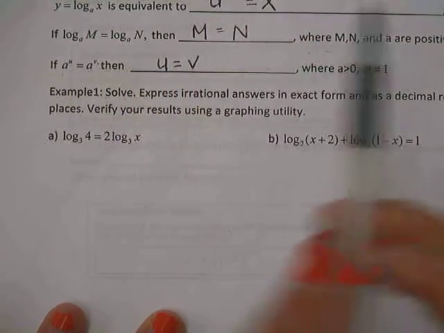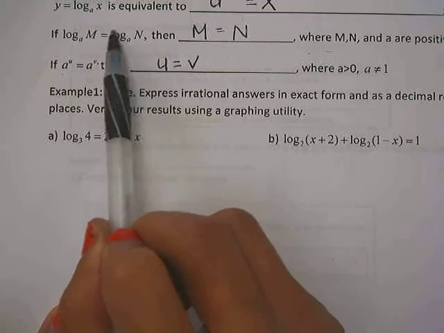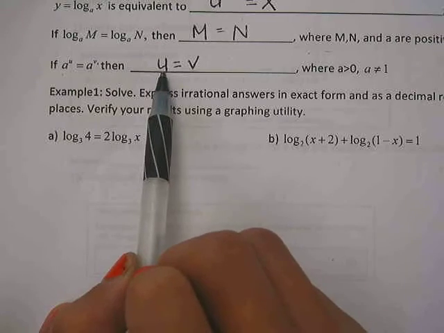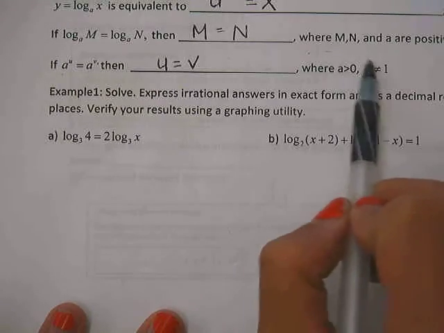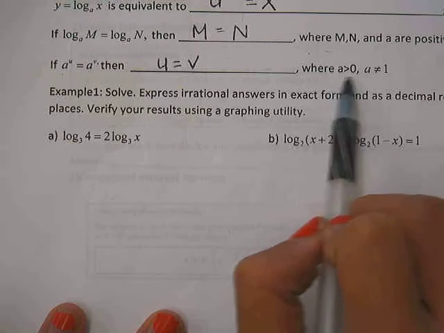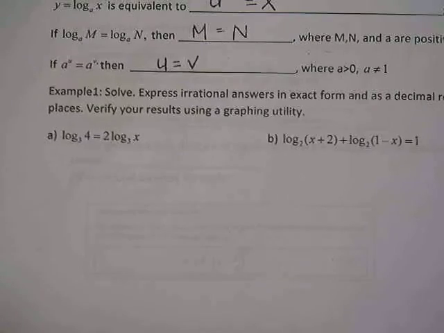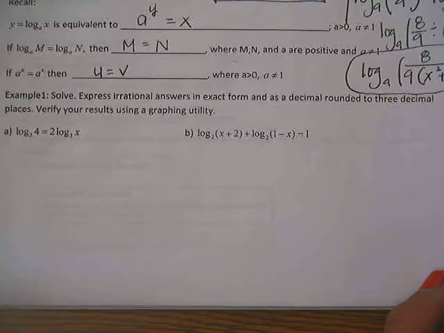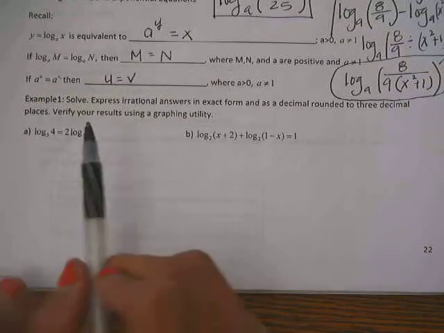So the common theme is that if the bases are identical, whether it's in a log function or exponential, you can drop them, so then the exponents are exactly the same. And again, the base must be positive, and it can never ever be 1. So with those reviews, let's look at our directions for example 1.